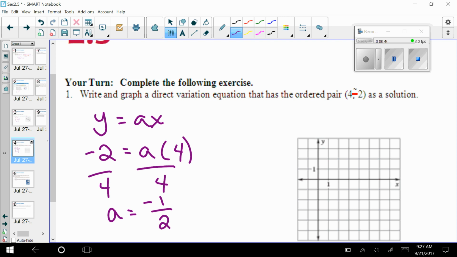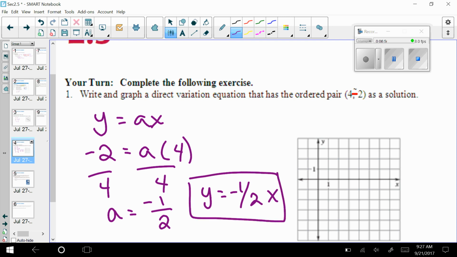So that's our constant of variation. y equals -1/2 x is our new model. y equals a times x. And we know that we start at 0, 0, and our constant of variation is -1/2, so we'll go down 1 and over 2.